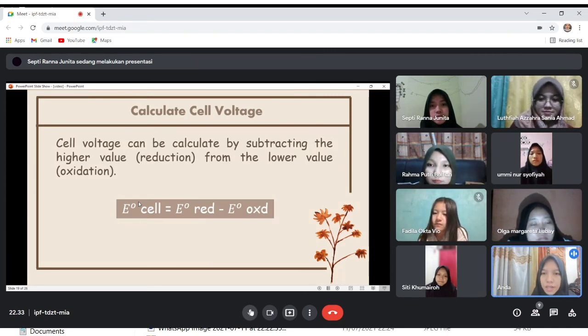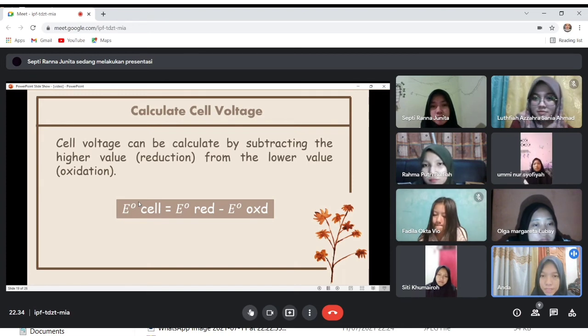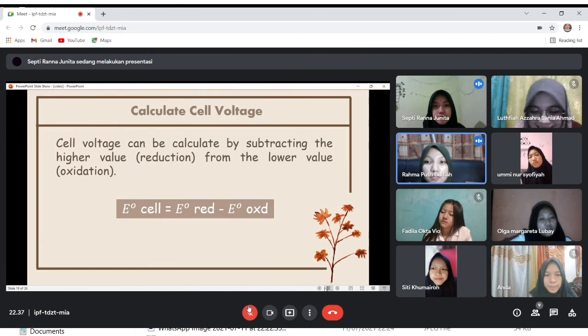We can use standard potential values to calculate the voltage of an electrochemical cell made up of two half cells. Okay, that's good. The voltage is the difference between the standard potential values of the two half cells, or we can call this value the standard cell potential.